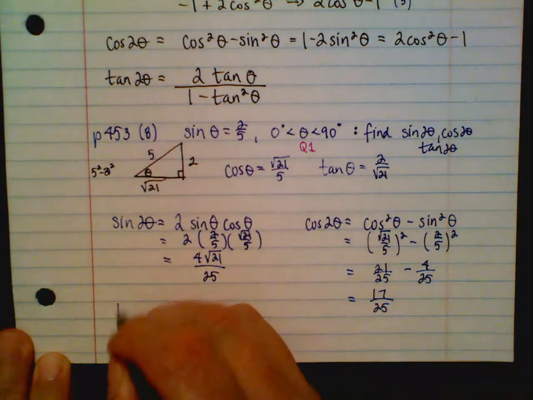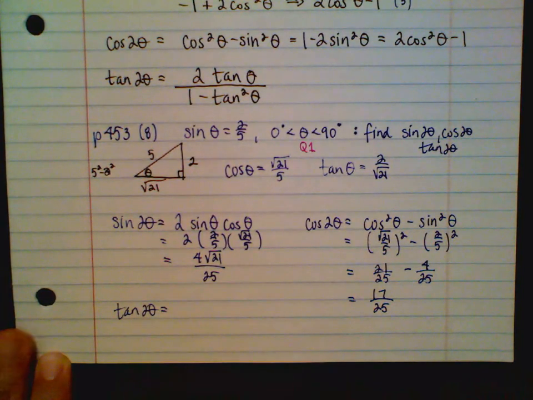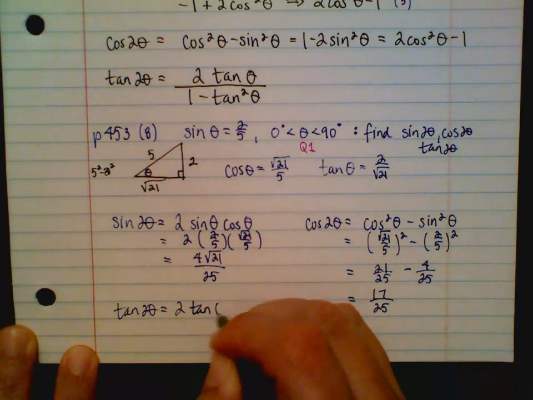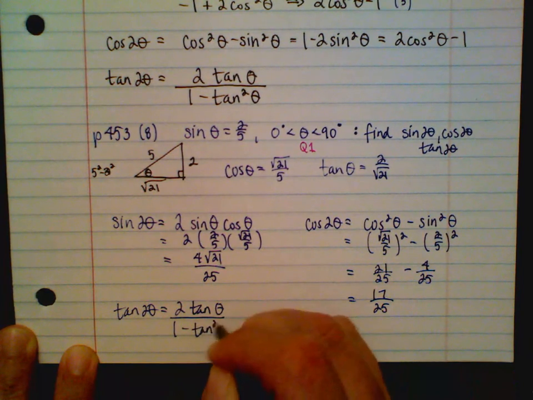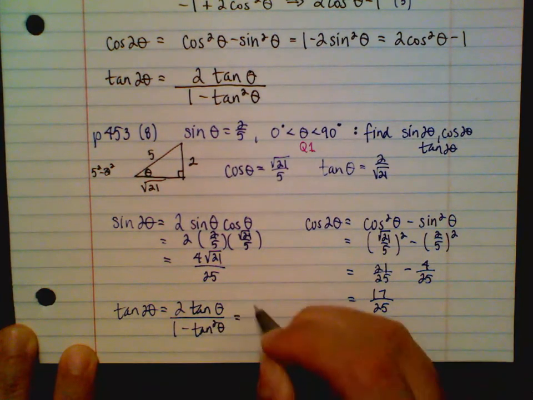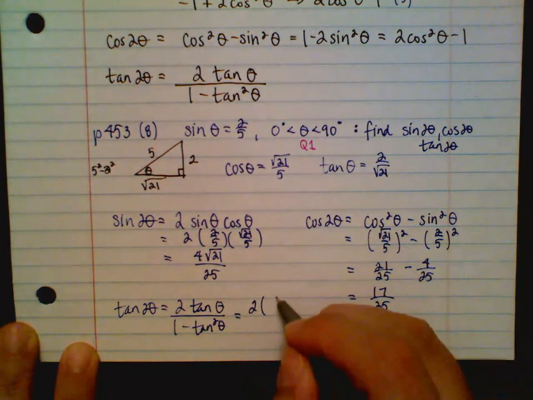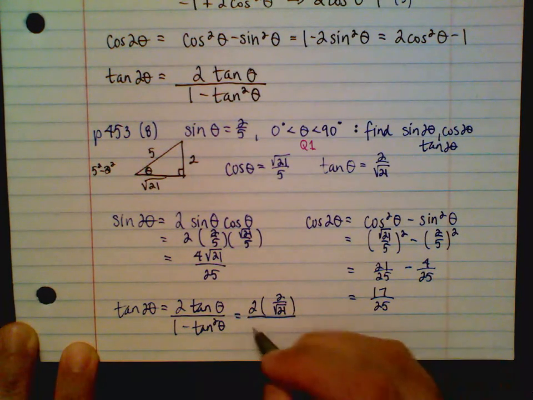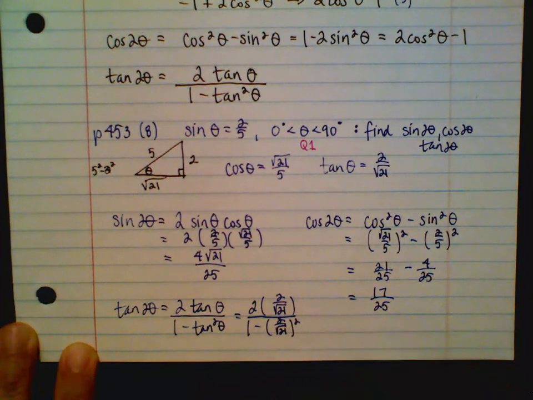All right, tangent of 2 theta. That equals 2 times the tangent of theta divided by 1 minus tan squared theta. All right, so this is 2 times 2 over the square root of 21 divided by 1 minus 2 over the square root of 21 squared.